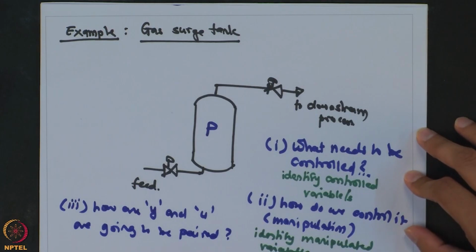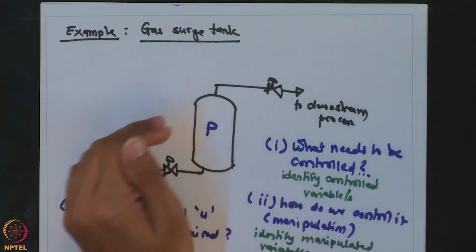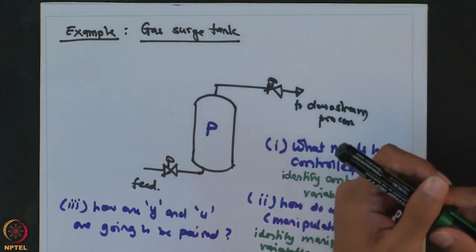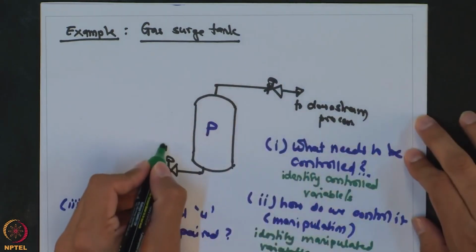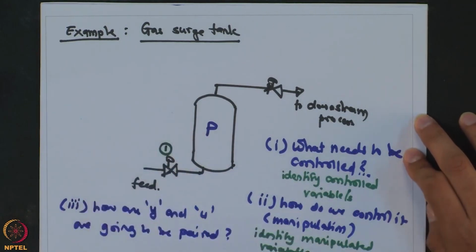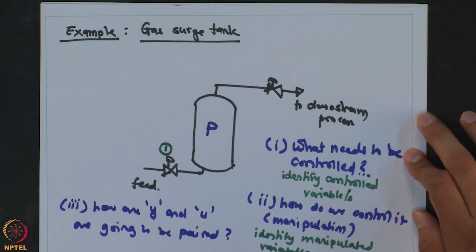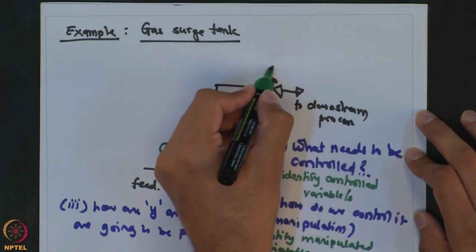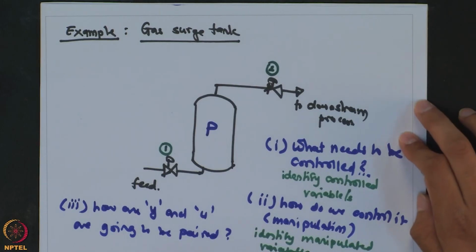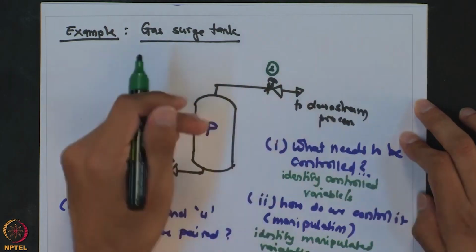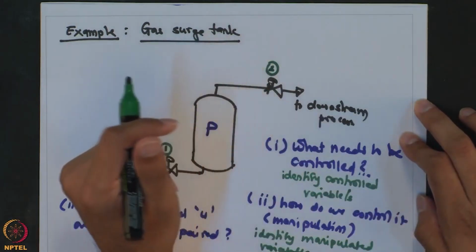We have seen that the second question is how do we manipulate it. For this particular process, there are three different possibilities of manipulation. One is you can manipulate the feed flow, so that if the pressure inside the tank increases, you reduce the feed flow. The second option is to control the pressure by using the outlet flow. If the pressure goes above the value, the outlet valve will open.